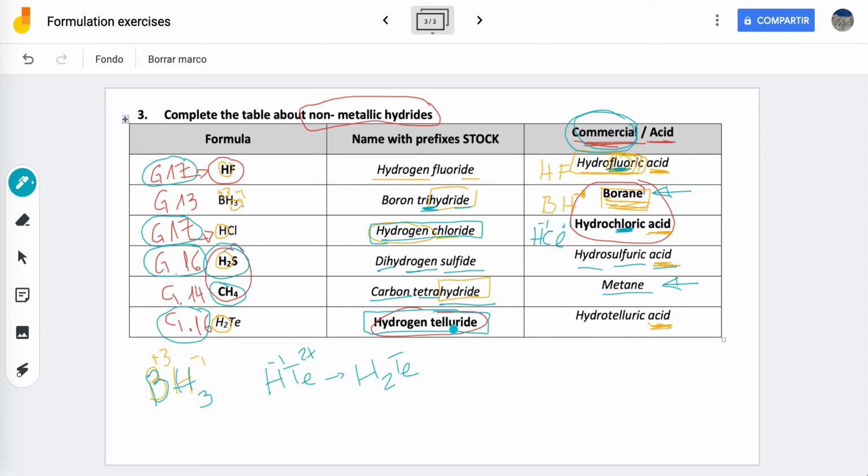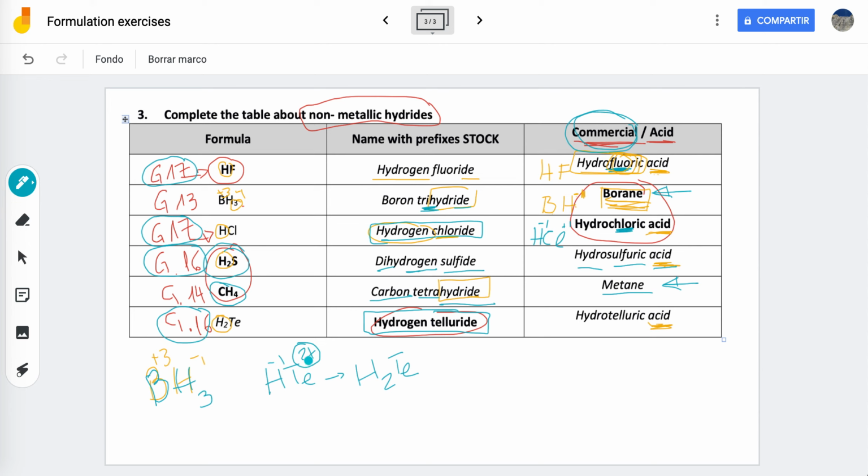So there is an important piece of information here. Why is it not dihydrogen telluride? Why is it not hydrogen telluride? Because this is the only possibility for tellurium to meet the hydrogen. There is no other option. So when we put hydrogen and tellurium together, tellurium never will have any other oxidation number.